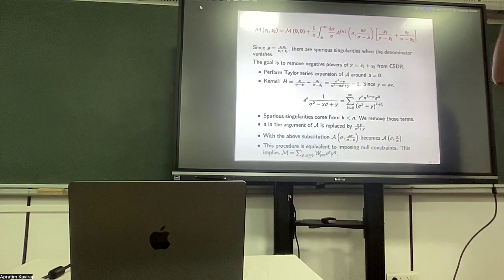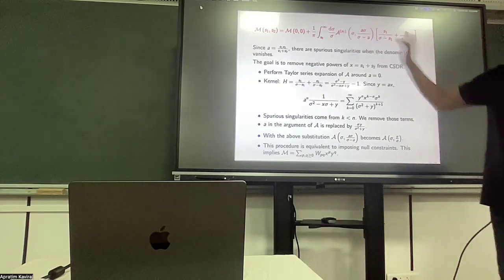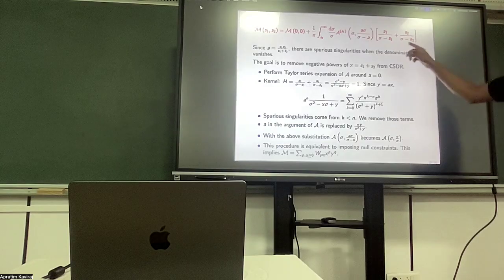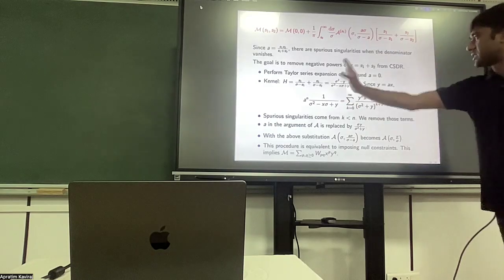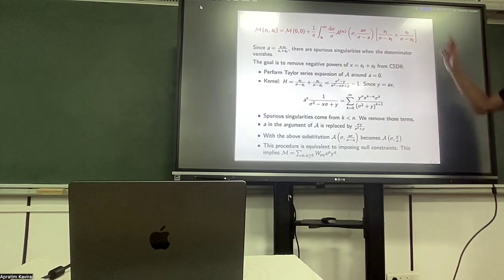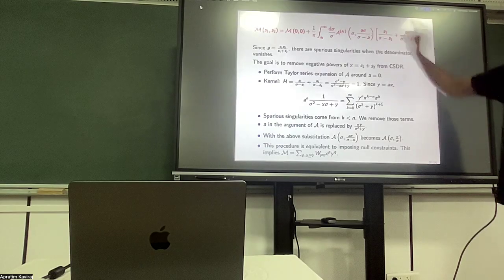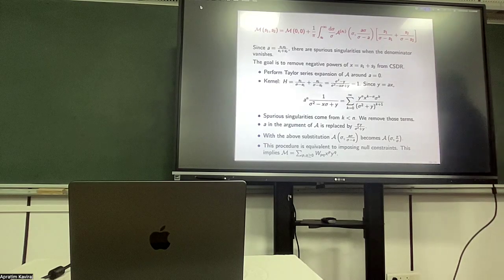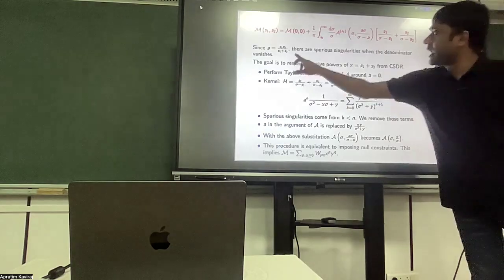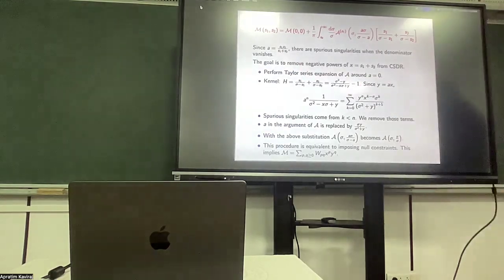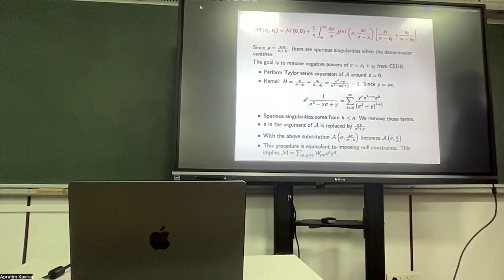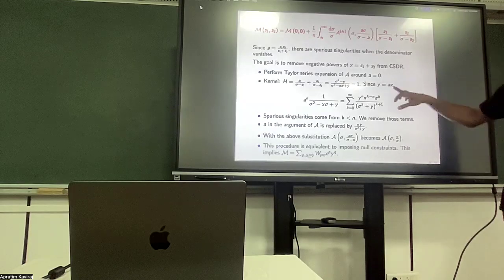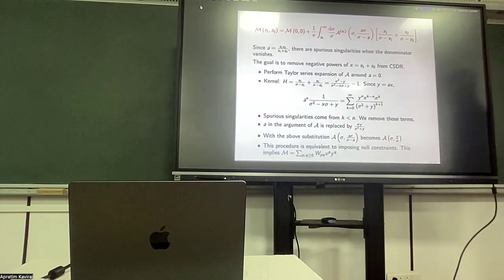And one way to get rid of that spurious singularity is to do a kind of Taylor expansion. This kernel can be written algebraically in this form. Then do a Taylor expansion around A equal to 0, and whenever we encounter negative powers of S1, S2, we just throw them away by hand. If we do that, we get rid of all the spurious singularities. Effectively, this is like changing A to sigma y by sigma square plus y.